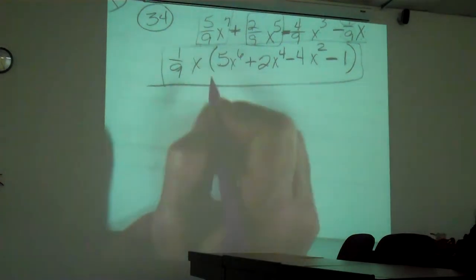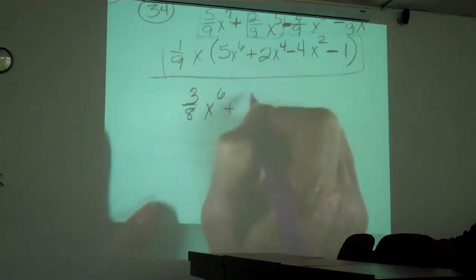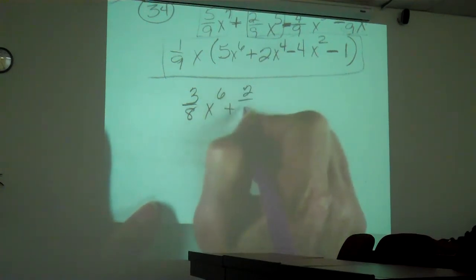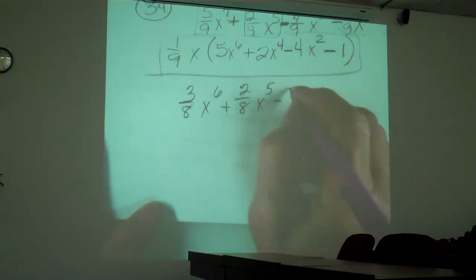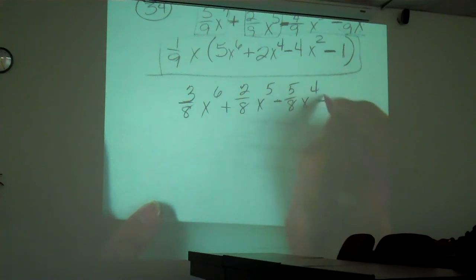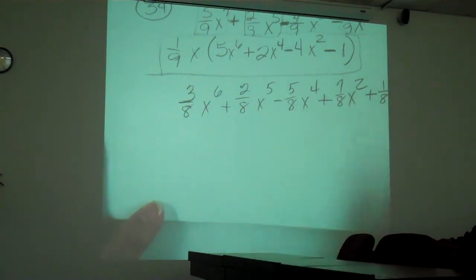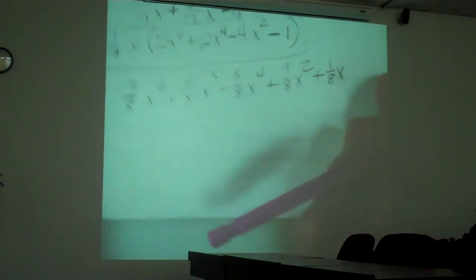Okay. 3/8 x to the 6th plus 2/8 x to the 5th minus 5/8 x to the 4th plus 7/8 x squared plus 1/8 x. Sorry, I don't have it where you can see the whole thing.